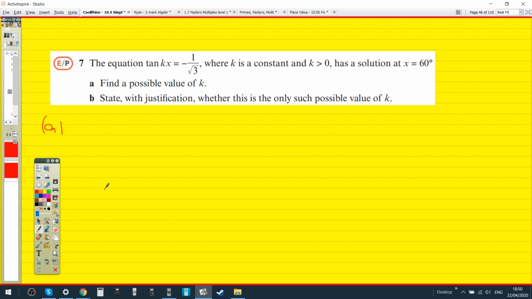So do we let kx equal a? I like that. And then we have tan a equals minus 1 over root 3, so a equals tan to the minus 1 of minus 1 over root 3.